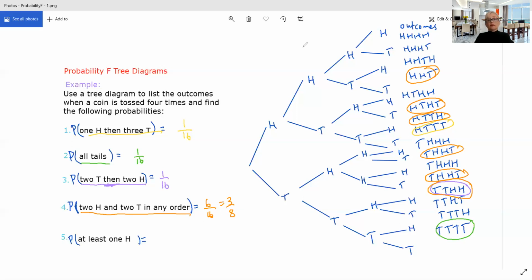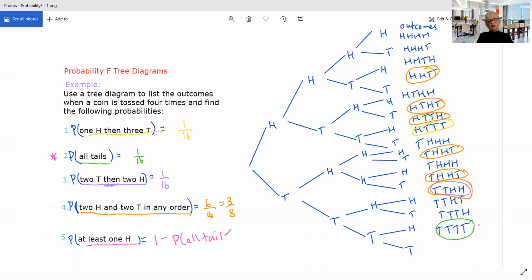Okay, at least 1 head. We might make that pink, just for fun. Okay, now we can go and start circling wildly. At least 1 head, but we'd be circling every single thing except this one. This is where I personally, we've already worked out the probability of all tails. I would actually just say it's 1 minus the probability of all tails.